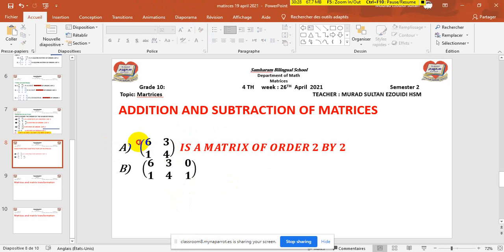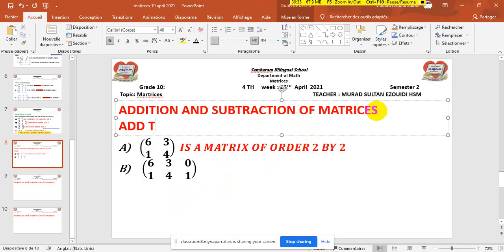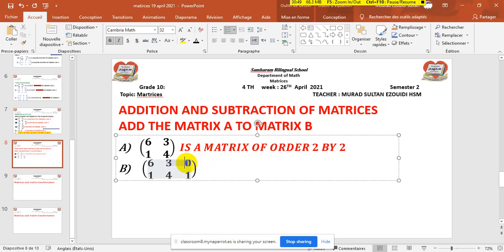The question here, add the matrix A to matrix B. But here I will just erase one. This one is minus 2.